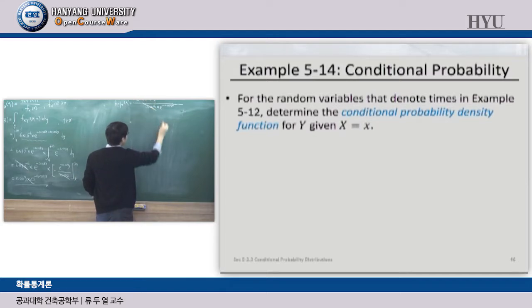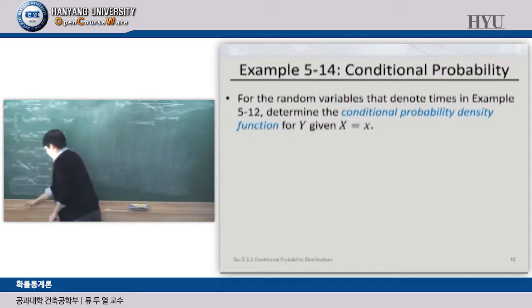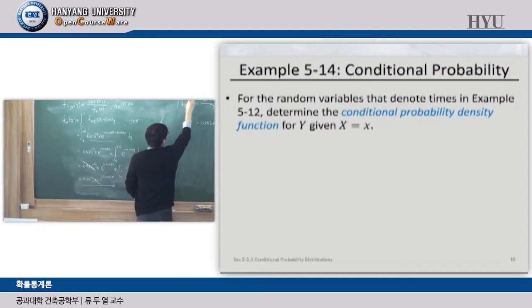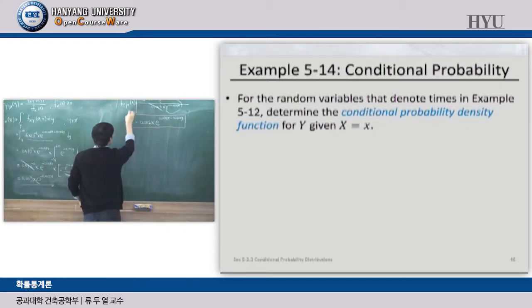And what is this? That is 0.002 times exponential 0.002x minus 0.002y. So, this is the conditional probability density function of y given x.